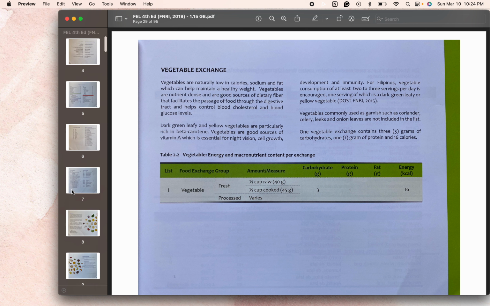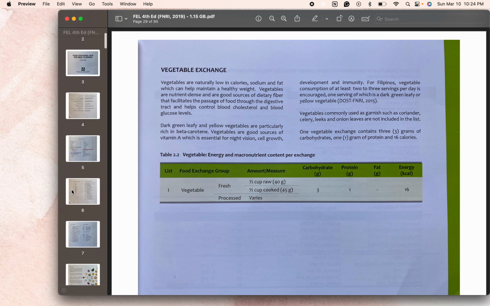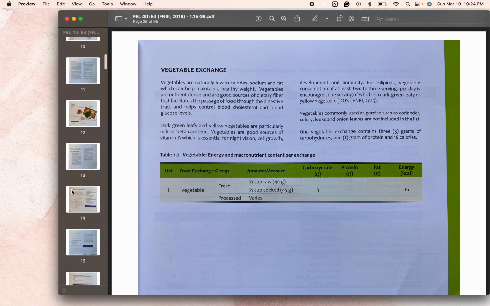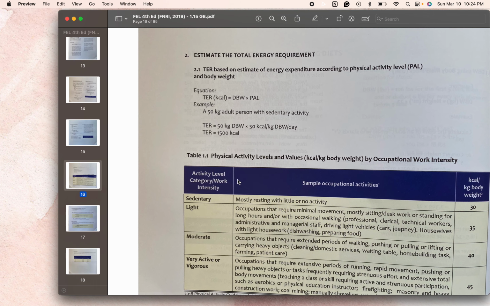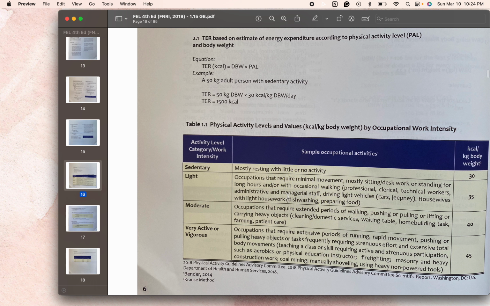We need to have your physical activity, and you can find that on page 16. These are physical activity levels and values, which would translate into kcal per kilogram body weight by occupational work intensity. There are four types of physical activity. We have sedentary, meaning mostly resting with little or no activity.